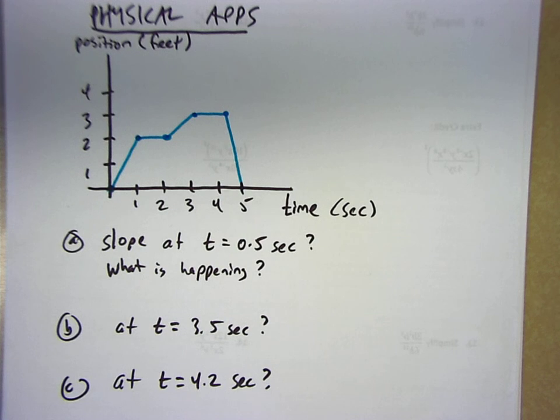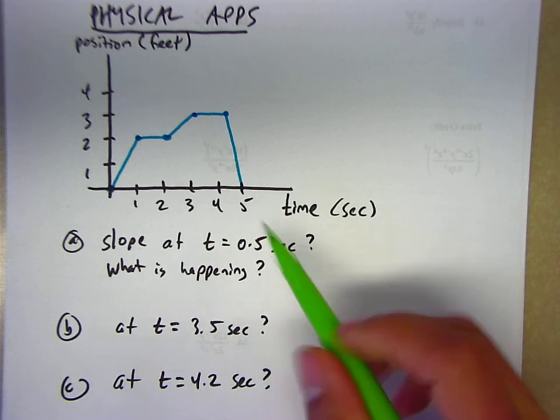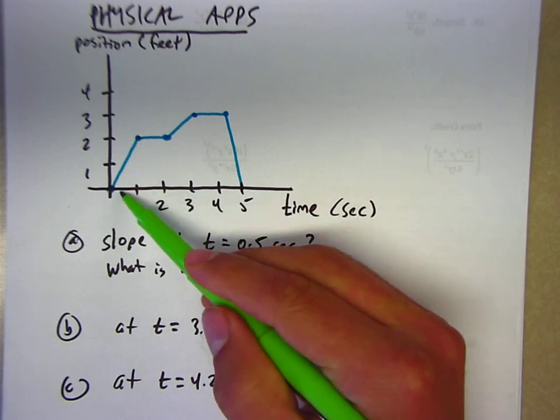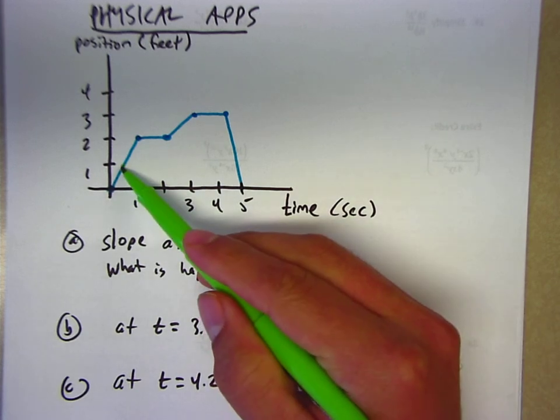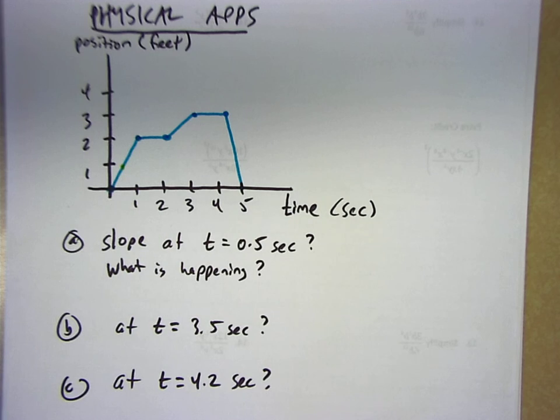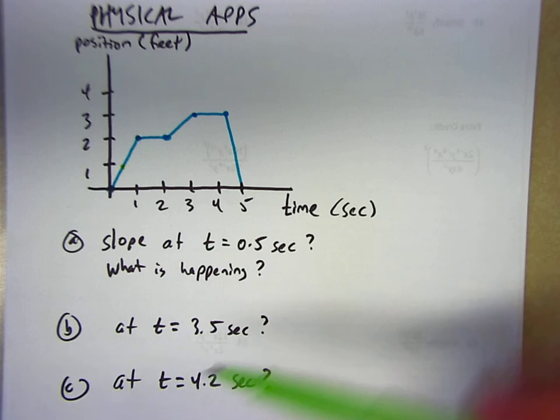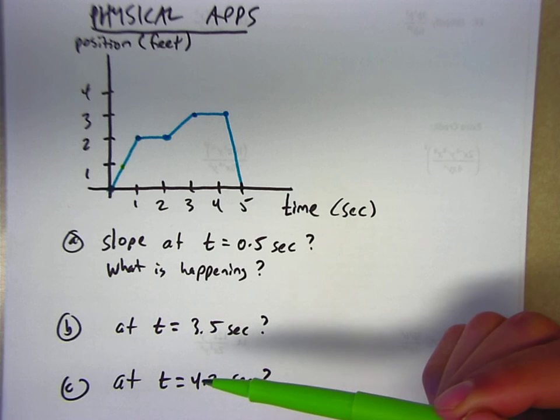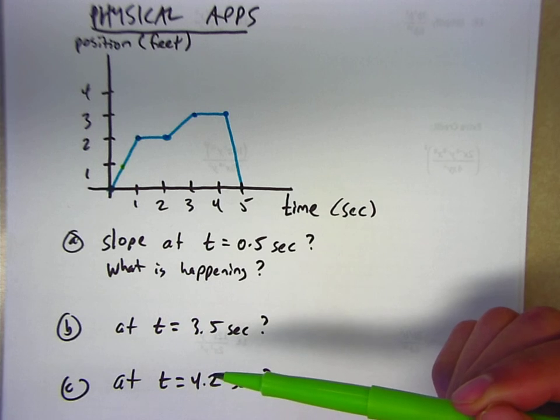Isha, can you tell me the slope right here at t equals 0.5? So right there at that point, what would the slope be? How do you find the slope just by looking at a graph? Right.